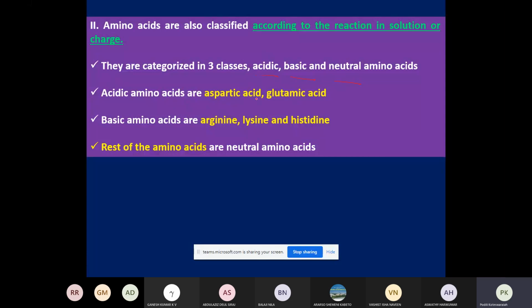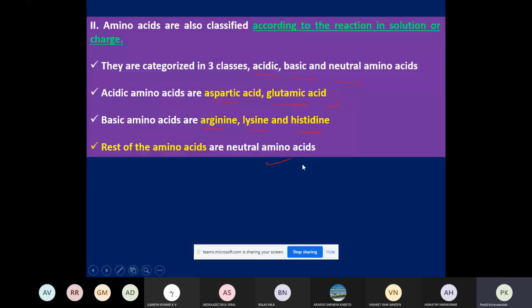So we have only 2 acidic amino acids. One is aspartic acid, the second one is glutamic acid. They have one extra carboxyl group on the side chain. And in the same way, we have 3 basic amino acids: arginine, lysine, and histidine. And the remaining amino acids are the neutral amino acids.